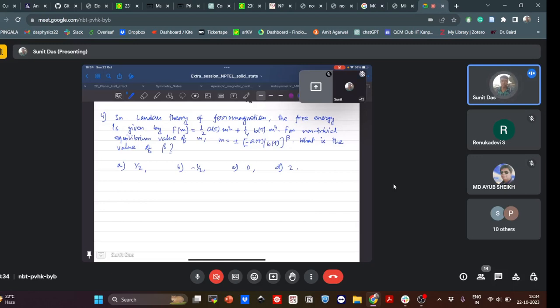Just find the non-trivial solution of m from f of m, non-trivial equilibrium, right?